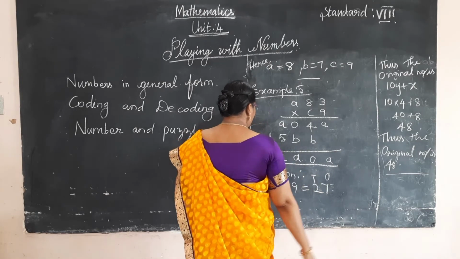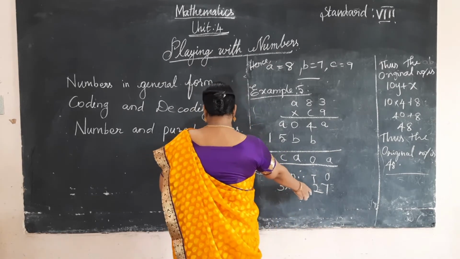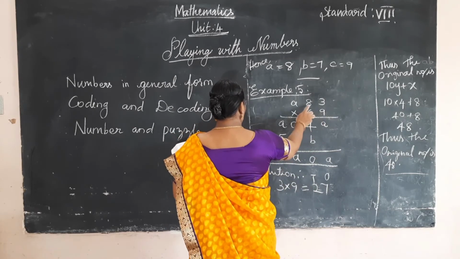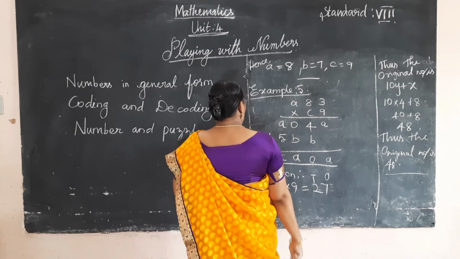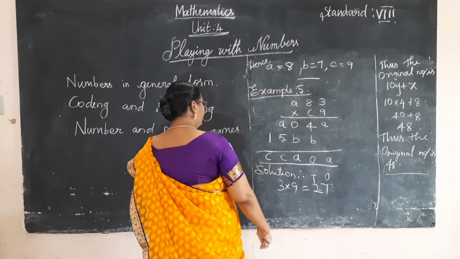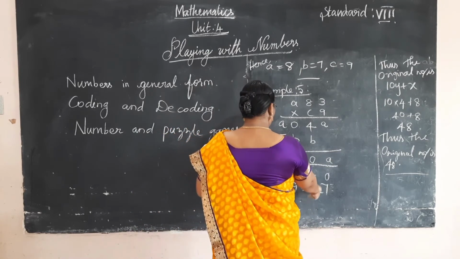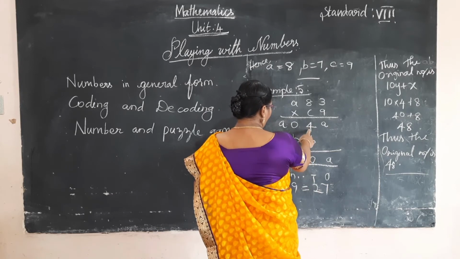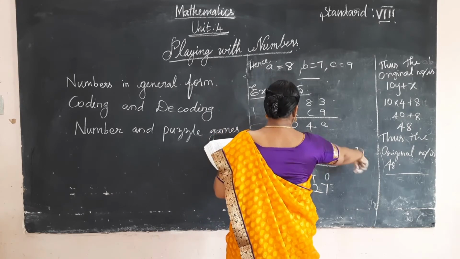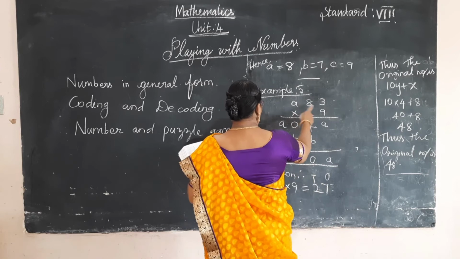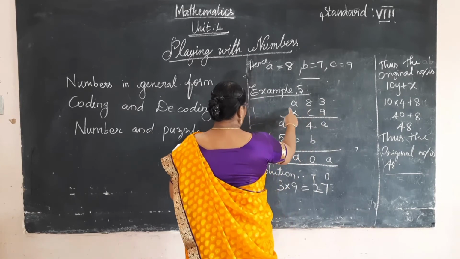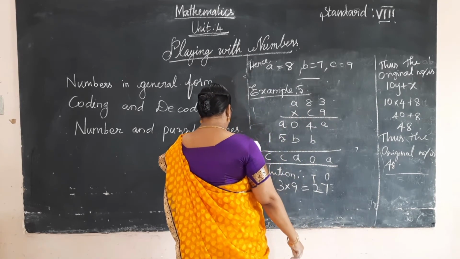This is the tens place, so the remaining 2 is there. Next multiply 9 8s are 72. 72 plus 2 is 74. So 4, remaining 7. Now multiply 9 A's.